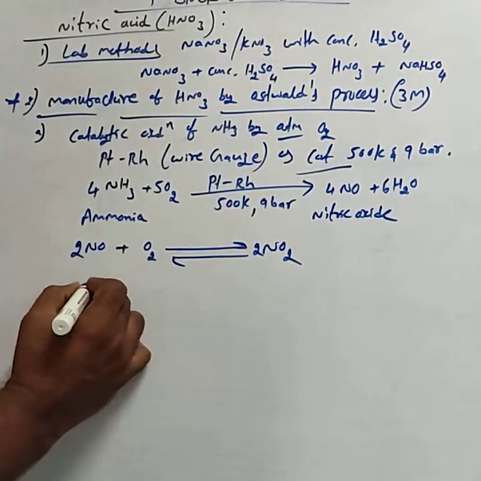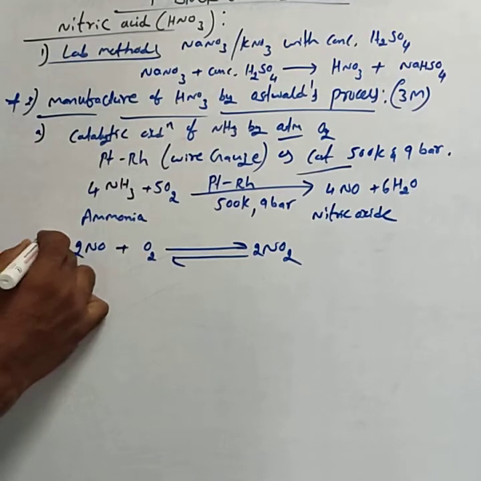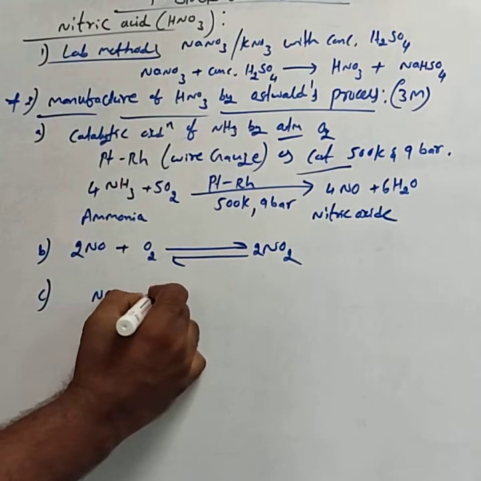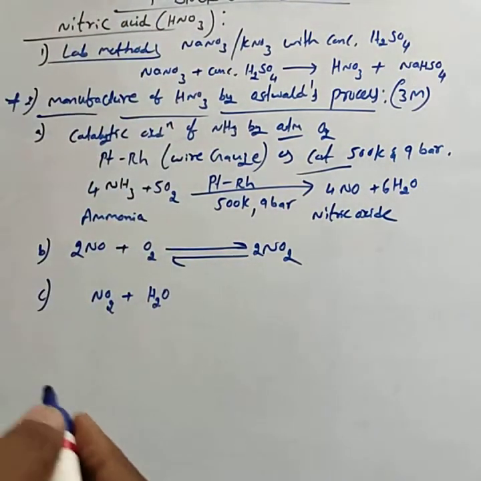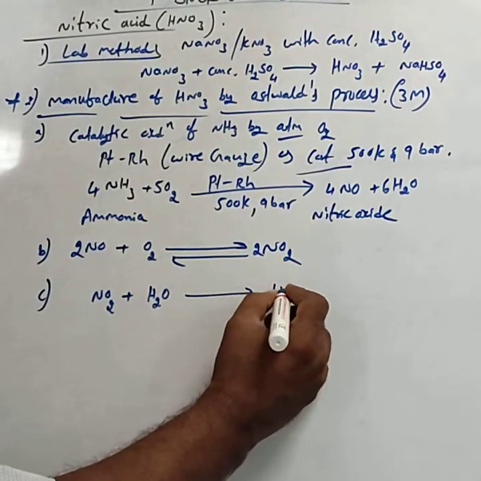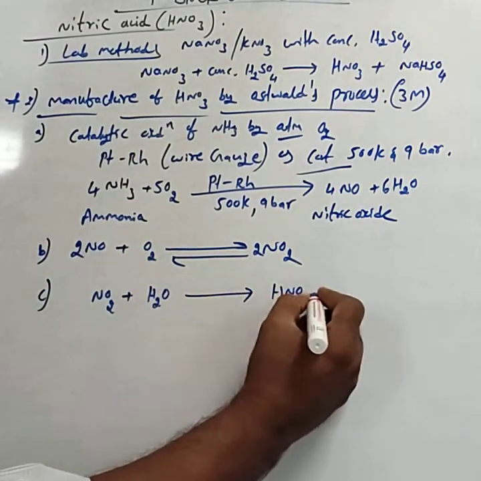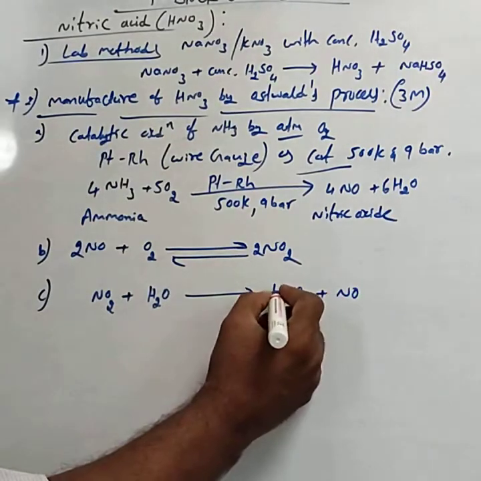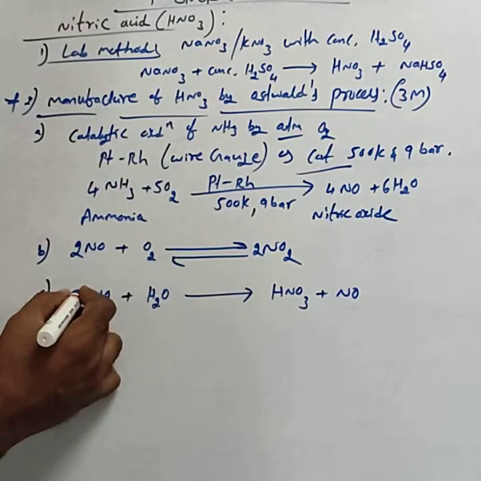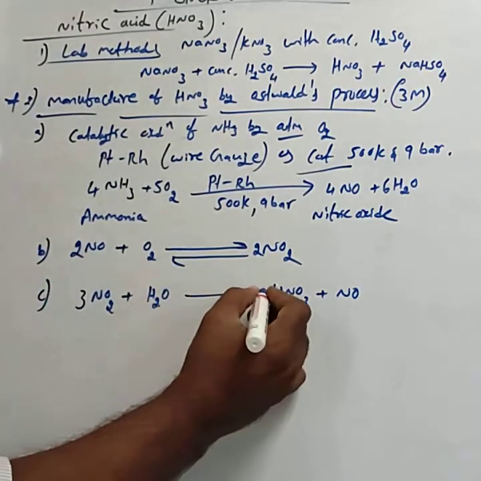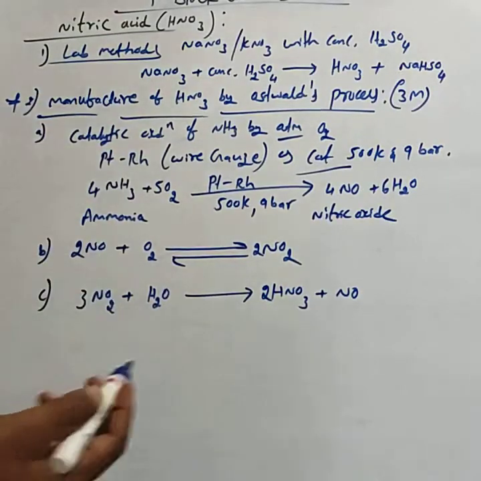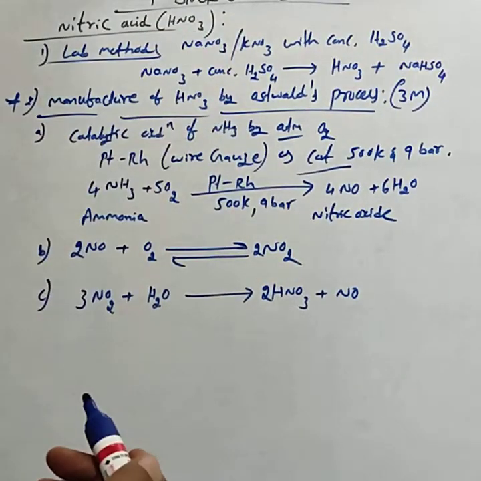The third step is nitrogen dioxide absorbed by water to form HNO3 and NO, nitric oxide: 3NO2 plus H2O gives 2HNO3 plus NO. The reaction gets balanced. This is the manufacture of nitric acid by Ostwald process.